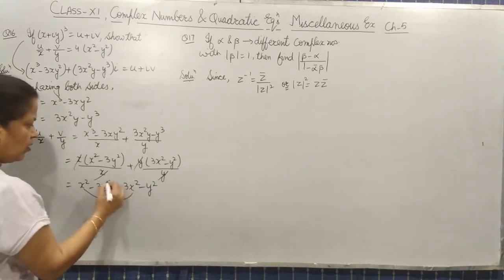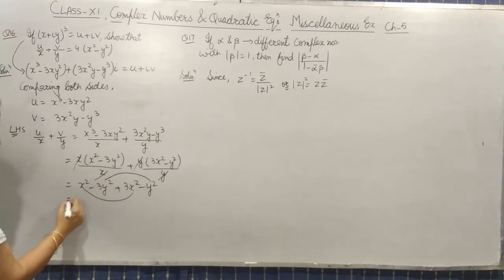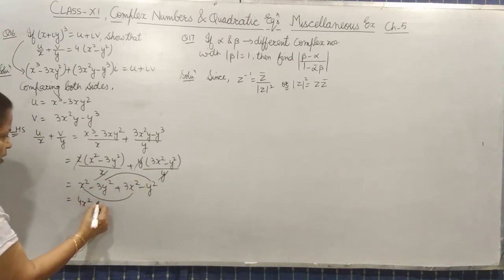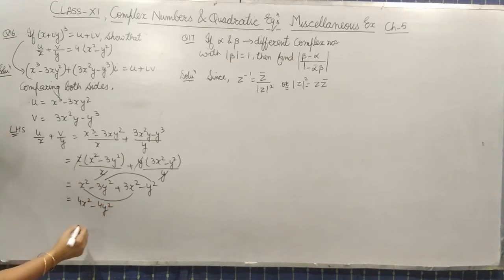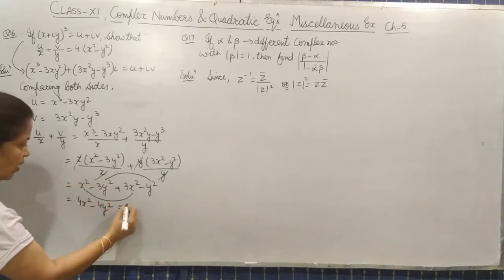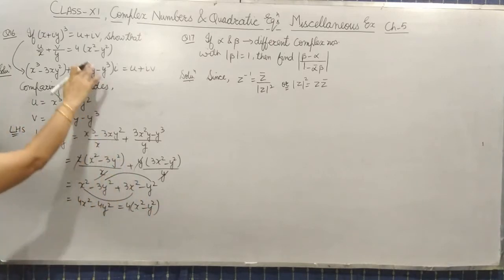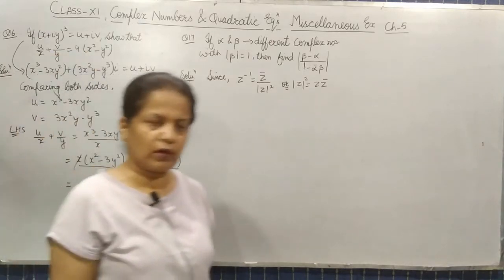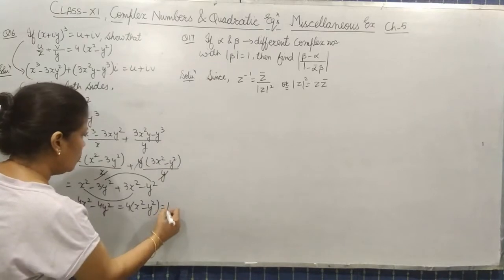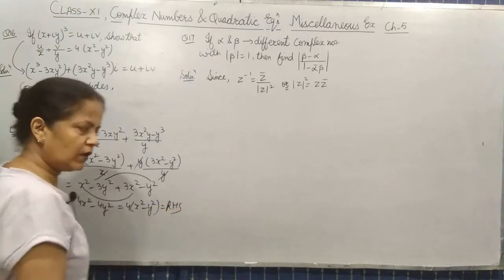Now solve it further. You will get 4x square minus 4y square, and now you can take 4 common, so 4 times x square minus y square, and this is what we had to prove. So this is equal to the RHS.